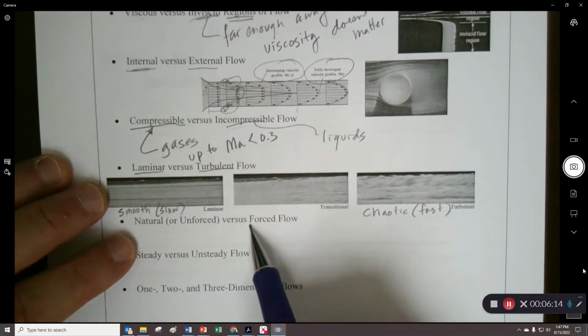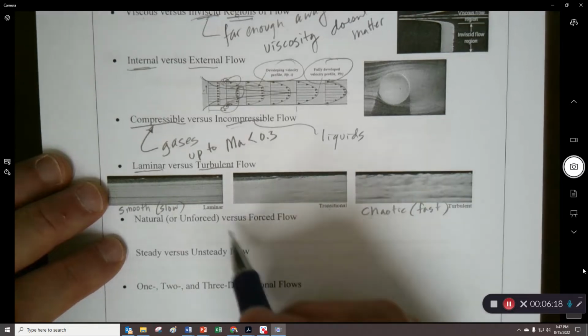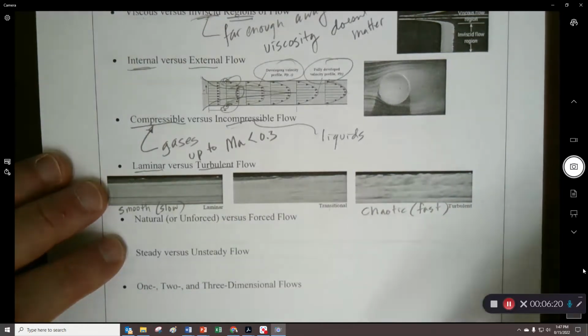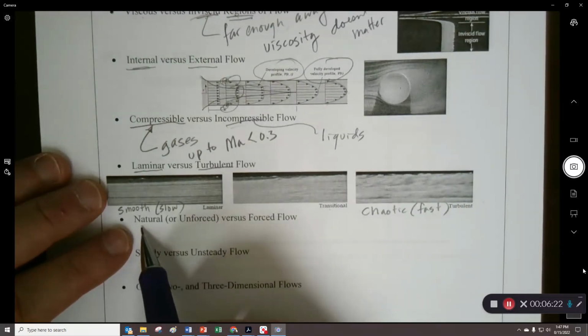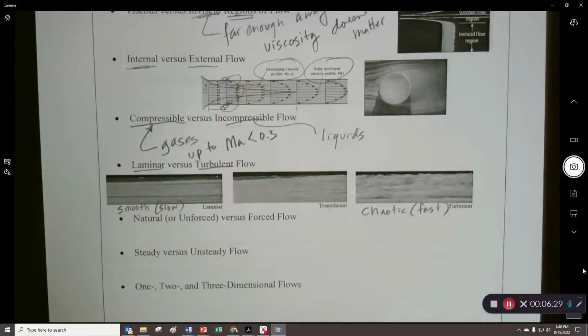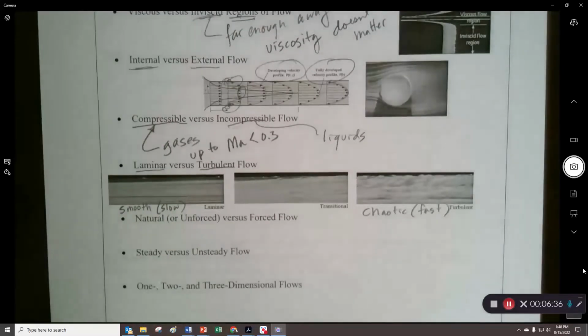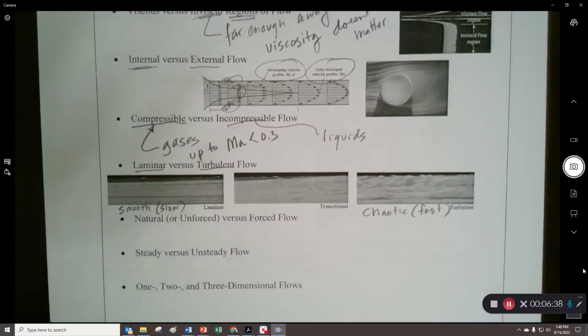Natural flow or unforced versus forced flow. You could think of natural flow as just like Mother Nature, right? You have a weather pattern where you have a high pressure region, it moves to a low pressure region, it creates wind, and that's natural, right? Forced flow would be like a fan, right? A fan is accelerating the gas particles, the air, and moving them and forcing them into place.